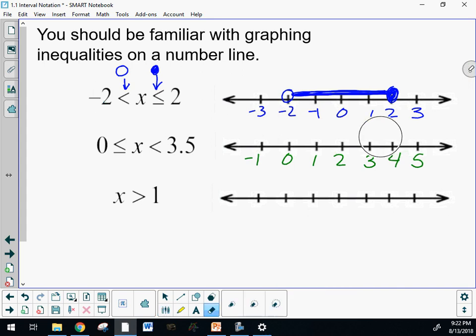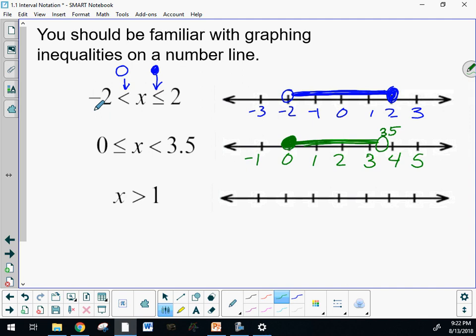I guess that kind of makes it look like it's filled in, but I'll just put an open circle here and maybe just notate 3.5. And then at 0, we would have a filled in circle indicating that it could be 0, somewhere between 0 and 3.5. And if you wanted to, you could count your number line by 0.5s, but it's fine just like this.